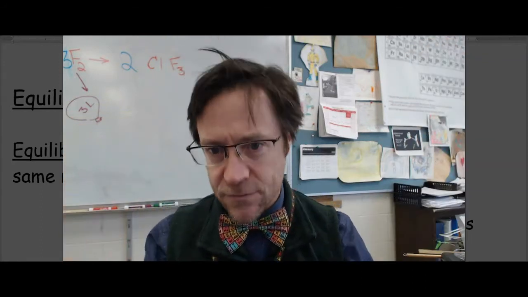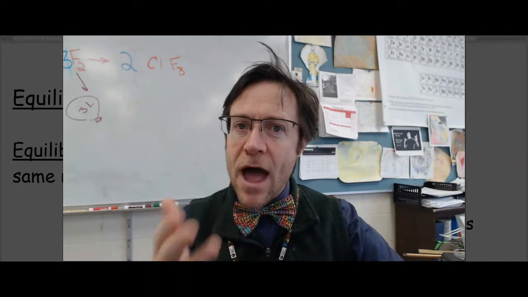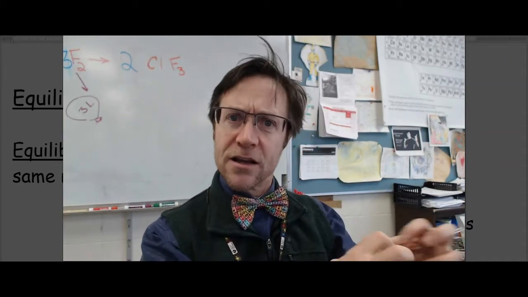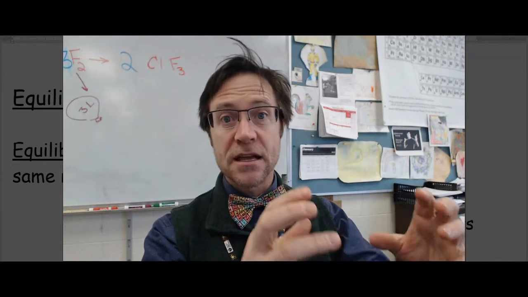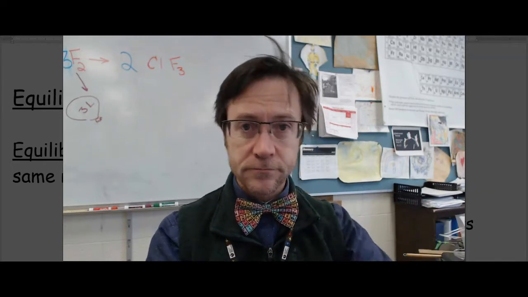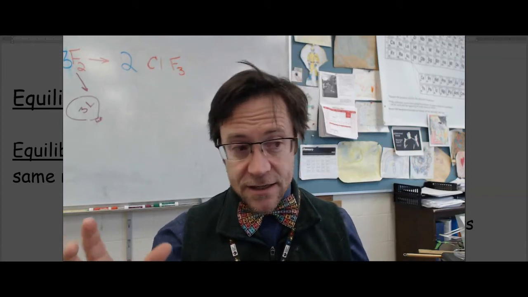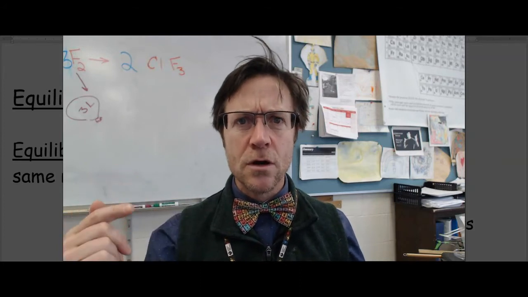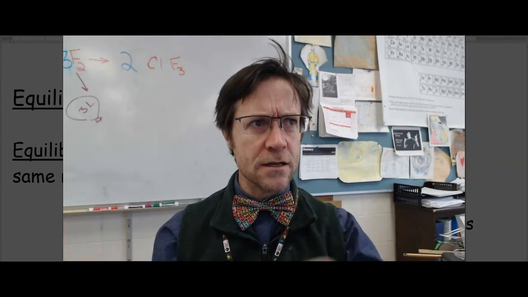Well, let's think about this for a second. If you have a reaction that is reversible, where the products collide and make the activated complex and then snap back together, then you've got a reversible reaction, right? So it can go forwards and it can go backwards.